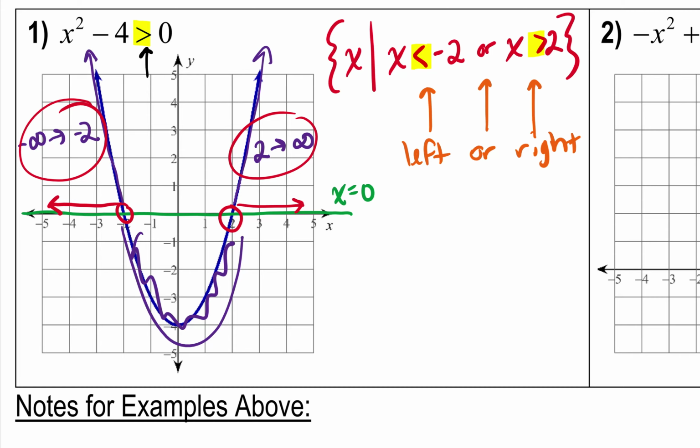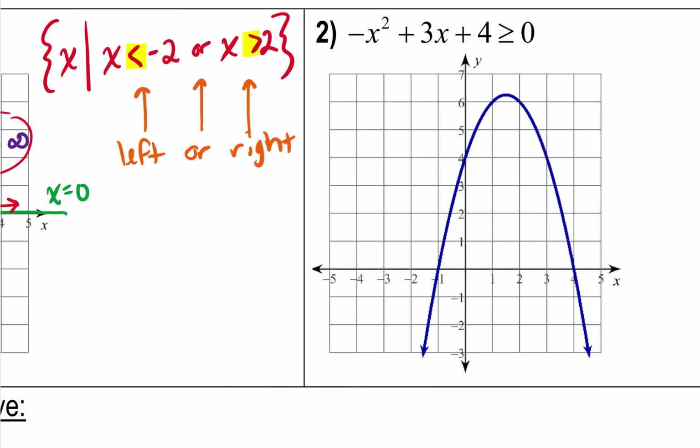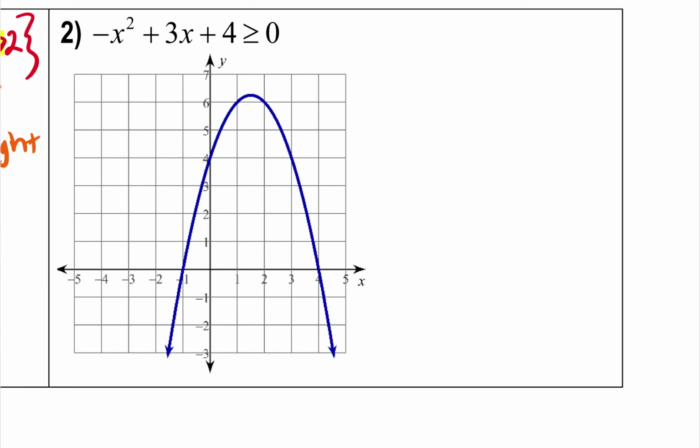Now that's if your answer is split. So let's look at one that's not split. Look at number 2. Now I'm greater than or equal to 0. So if I look at this again, the 0 is this line again, and I want to be greater than that. If I want to be greater than 0, notice it starts at -1 and goes all the way to positive 4.